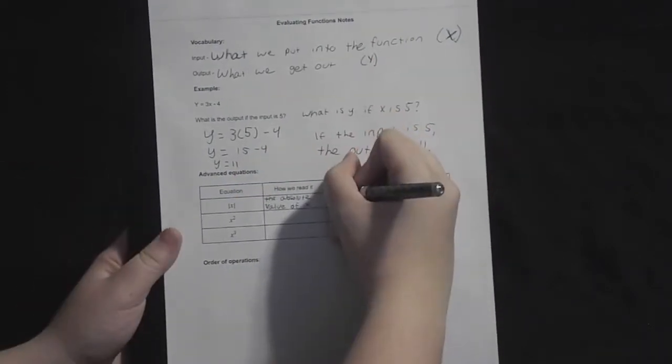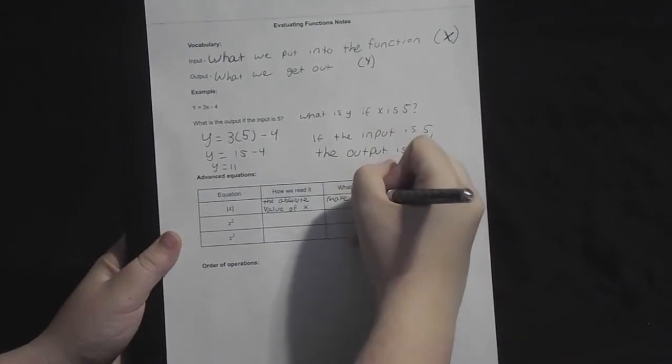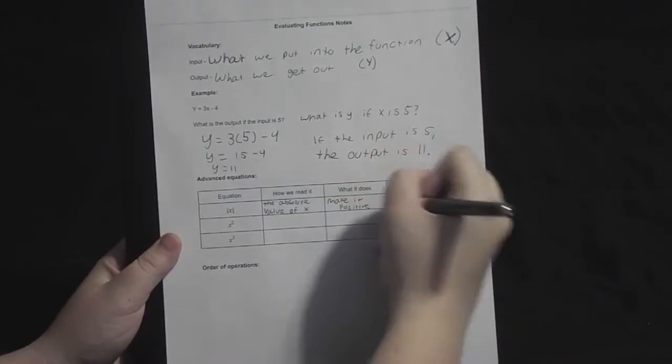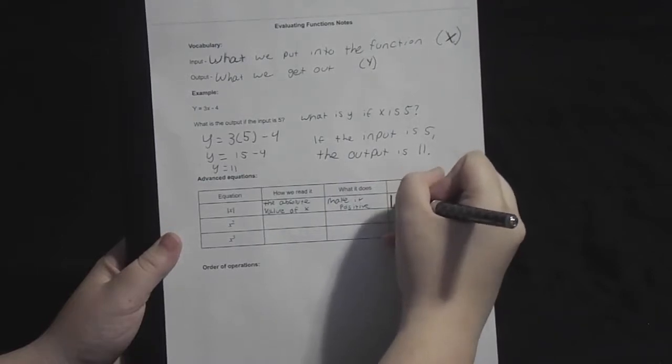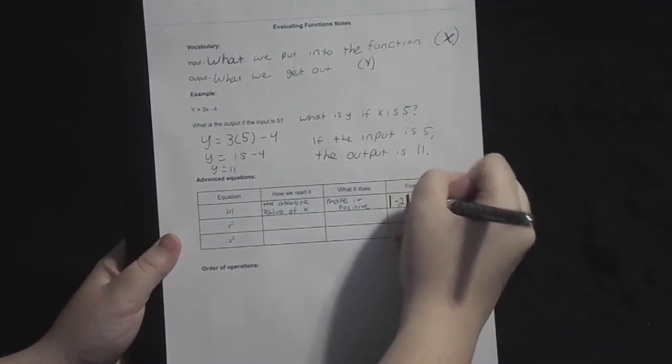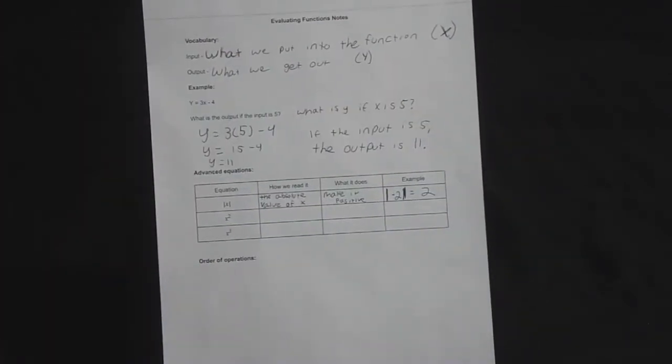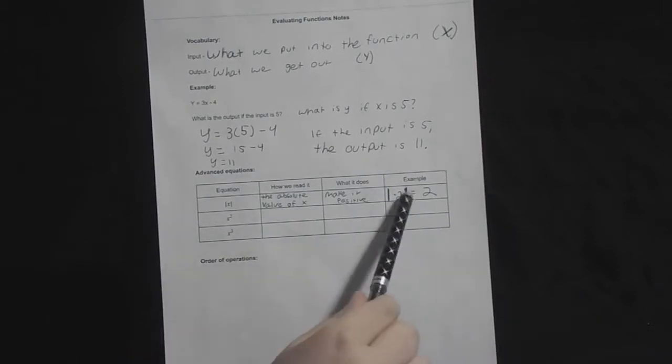So really what absolute value does is it makes it positive. So for example, the absolute value of negative 2, well, how far away from 0 is negative 2? The answer is 2. So it makes it positive. However, if it's a positive in there, the answer is still positive, because it's just how far away it is from 0.